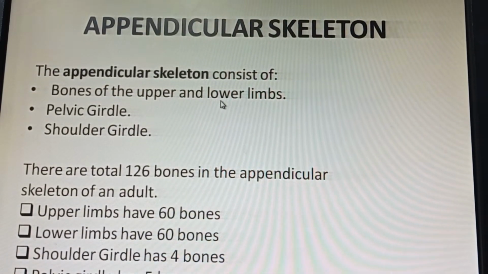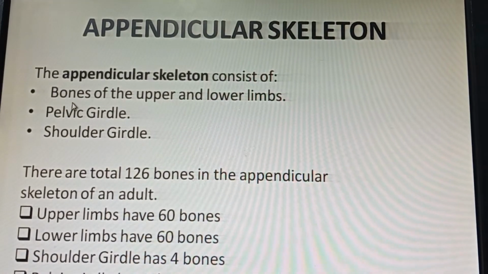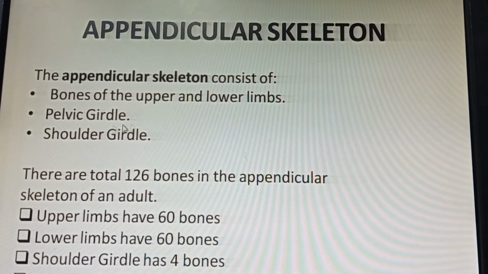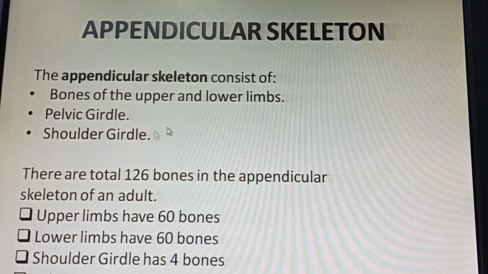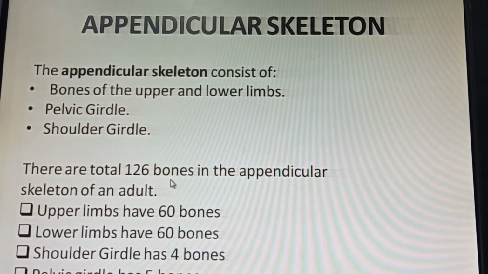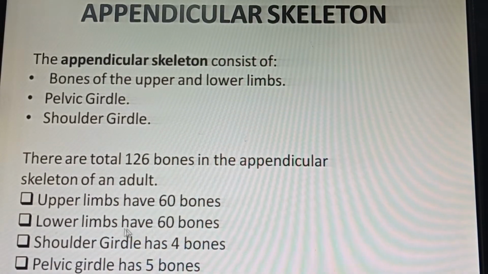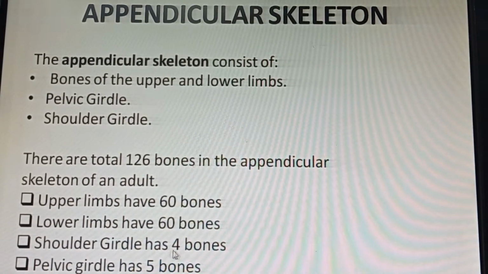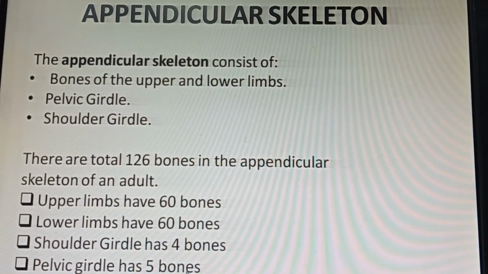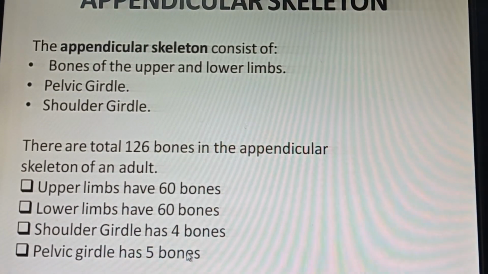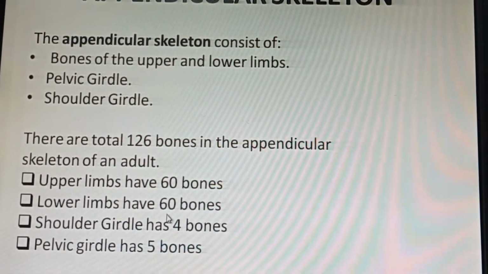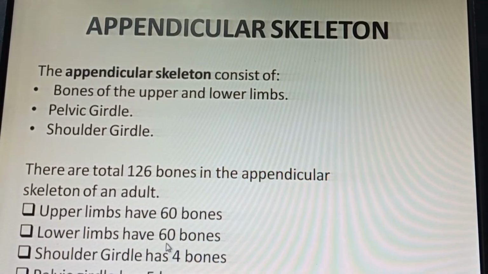Appendicular skeleton includes bones of the upper and lower limbs, pelvic girdle and shoulder girdle. They are total 126 bones. Upper limbs have 60 bones, lower limbs have 60 bones, shoulder girdle has 4 bones and the pelvic girdle has 2 bones. We will discuss this in detail in our upcoming lectures.